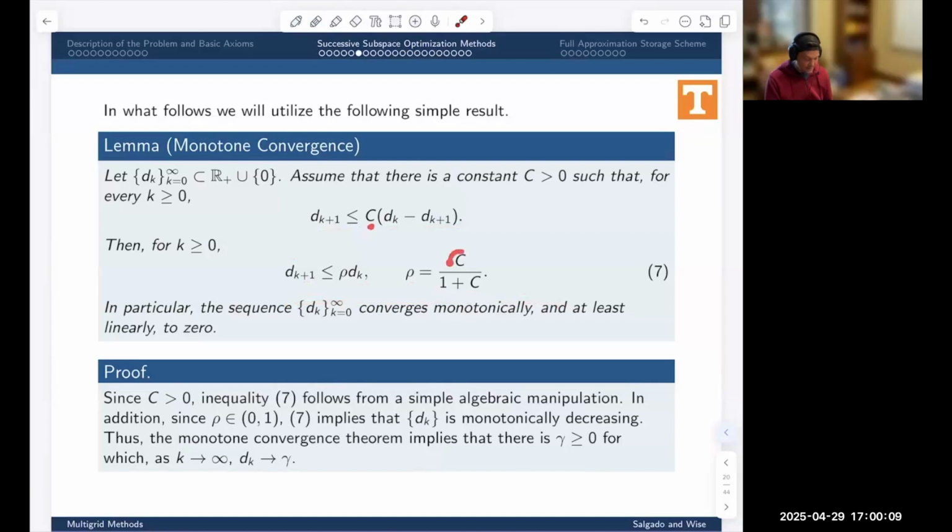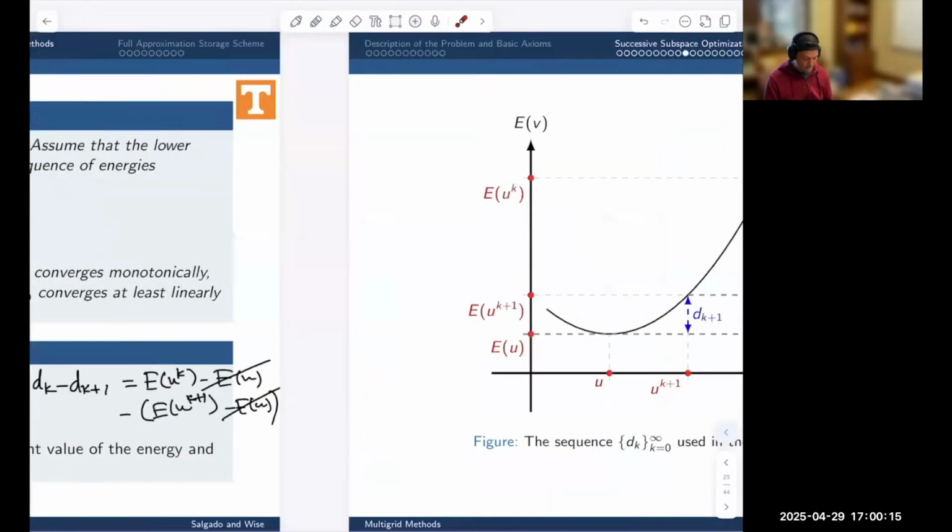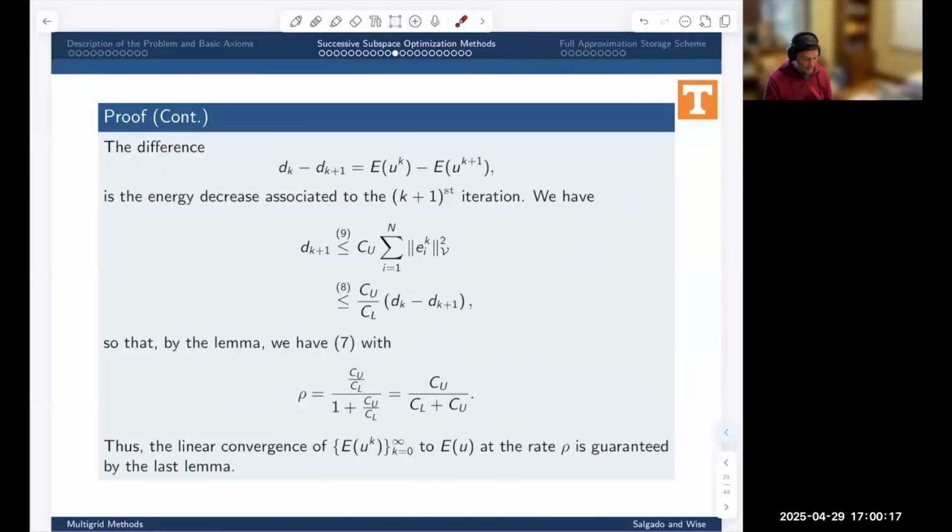Whatever constant appears in front of there, my constant of decrease is going to be that constant over 1 plus c. That's my rho. But now just multiply the top and the bottom by L, and you immediately get this simpler version of that constant.